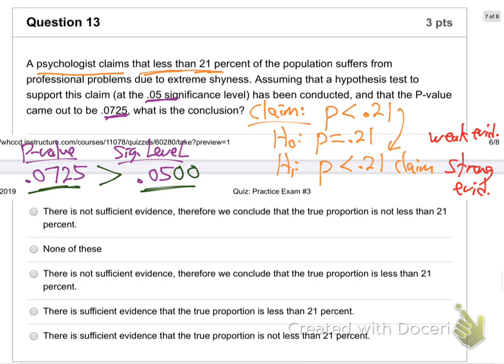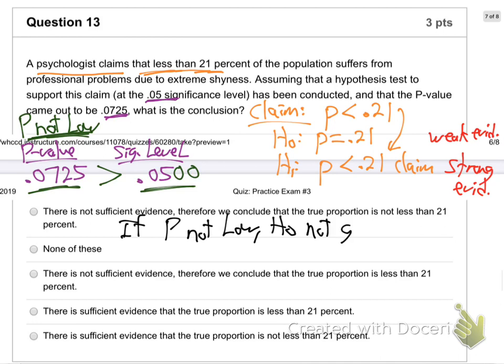So is that p low or not low? Yeah, that p's greater. It's not low. So that p is not low. So, what does that mean then? Well, if the p is not low, the H0 does not go away, right? P not low, H0 does not go away. So that means we're going to keep H0, aren't we?